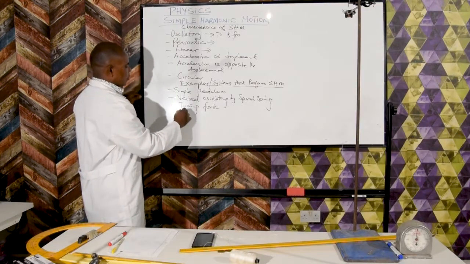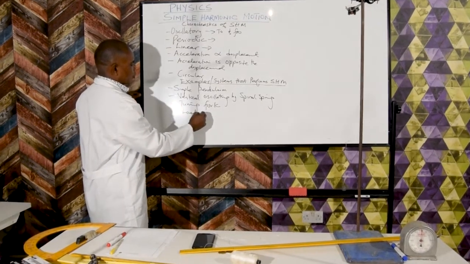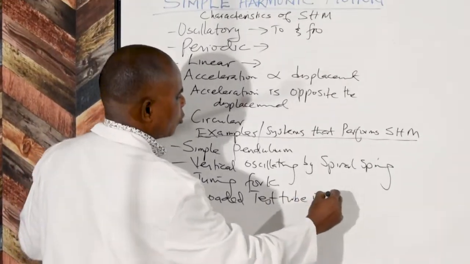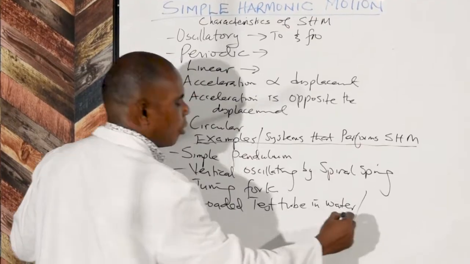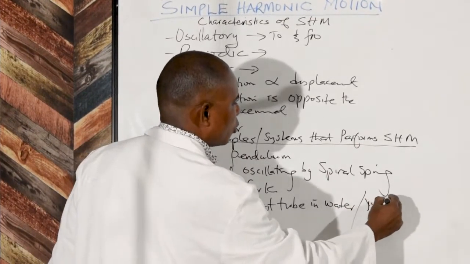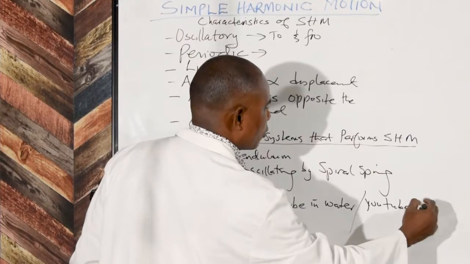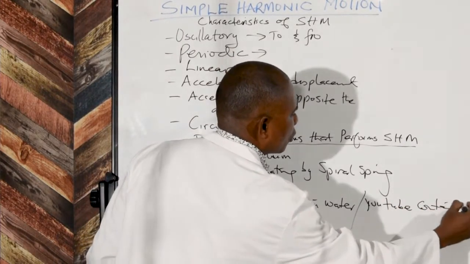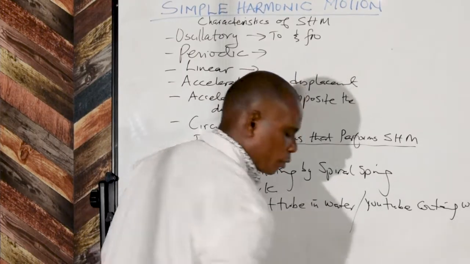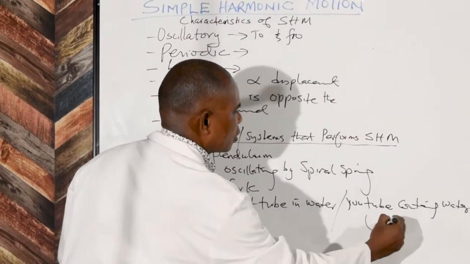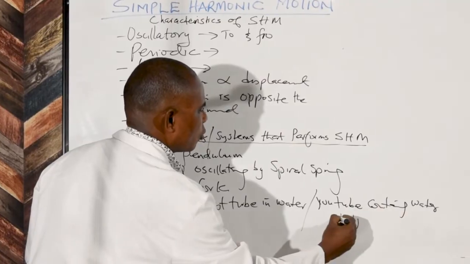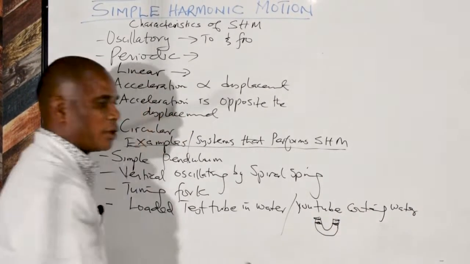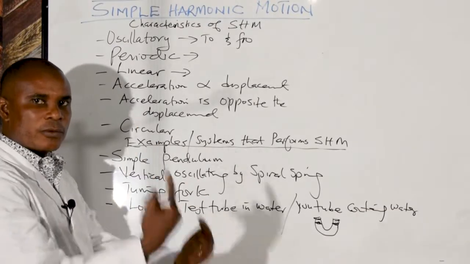And there's the loaded test tube in water, or we can say water in a U-tube. If you have a U-tube like this with water in there, the water oscillates to and fro in the U-tube.